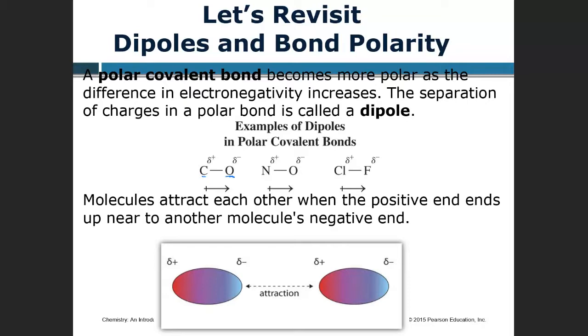So molecules attract each other when the positive end ends up near another molecule's negative end. And like, for example, here we have the HCl molecule that was in the previous example. So there will be attraction between the positive end and the negative end.